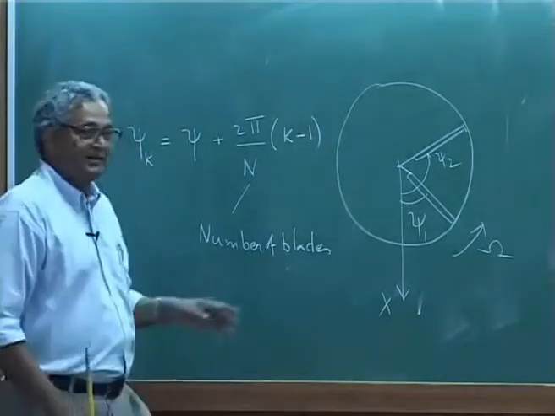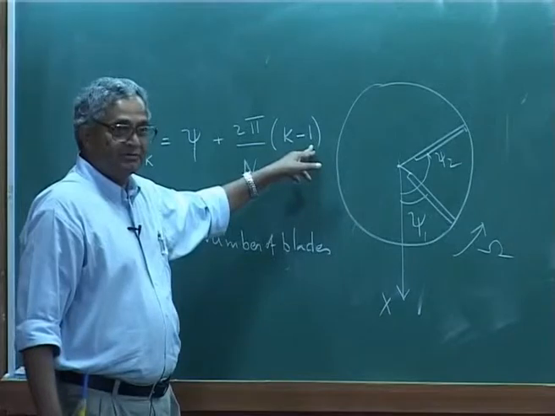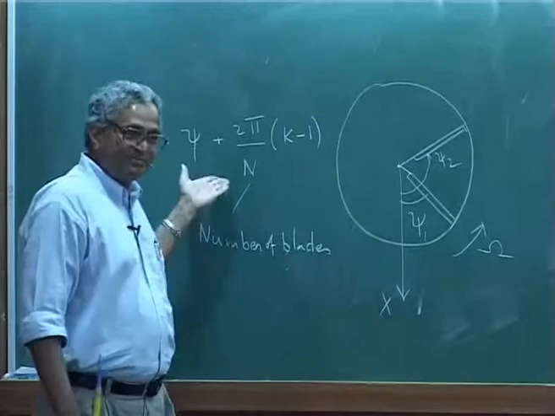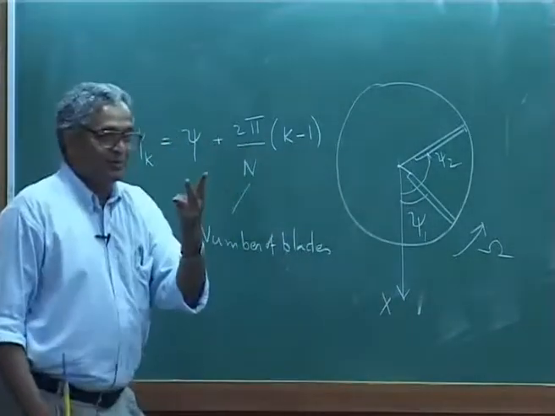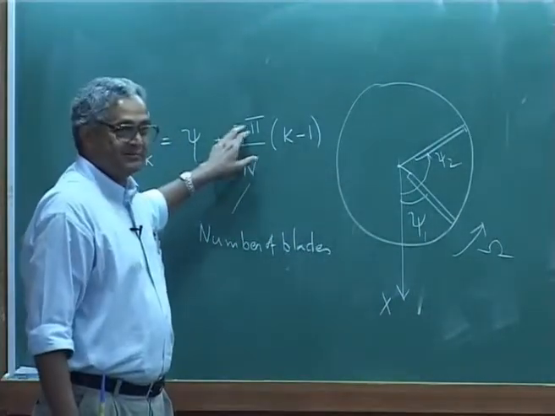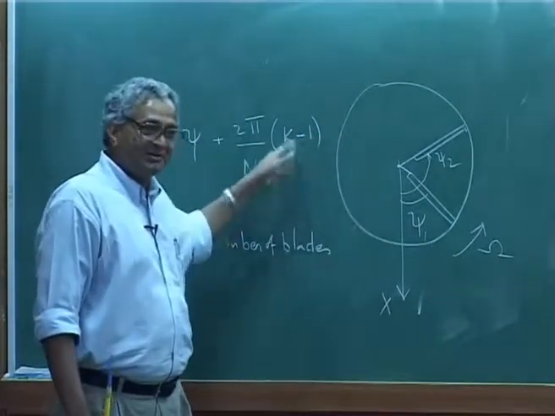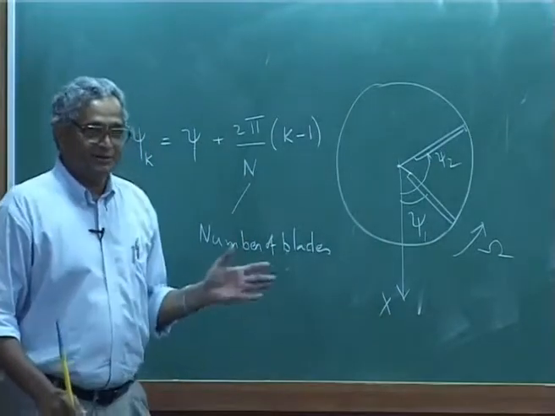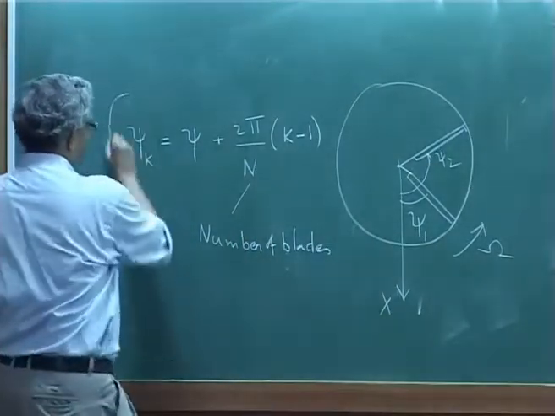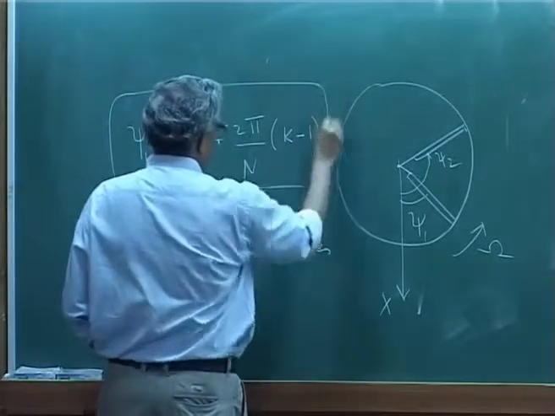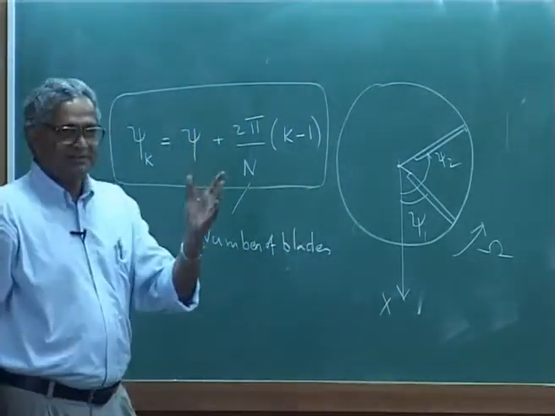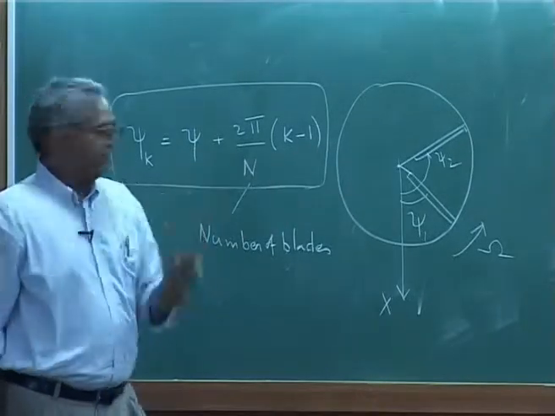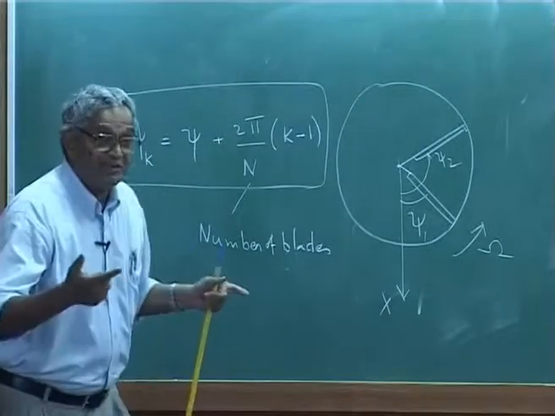Because if it is the first blade, this is 0, psi k, psi 1 is psi, that is this. If there are 2 blades, this will be pi, so you add 180. If 3 blades, it will be 120, 4 blades 90 degrees. So, this is the general expression for the location of the kth blade azimuth.